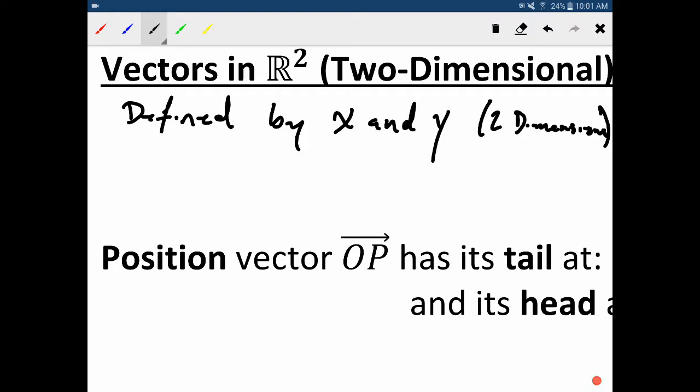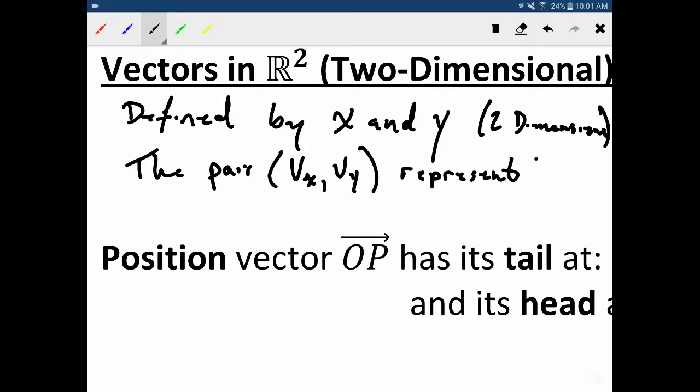So we'll write the pair Vx and Vy as an ordered pair, and these represent the components of the vector, or the scalar components, I suppose, because we write those as scalars. Components of the 2D vector.